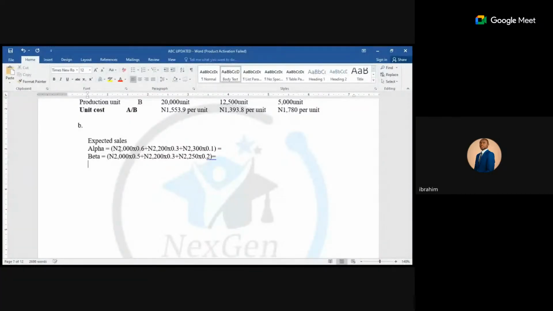Alpha, beta, gamma. 1,600 times what is the probability? 0.7, plus 1,700 naira times 0.2.